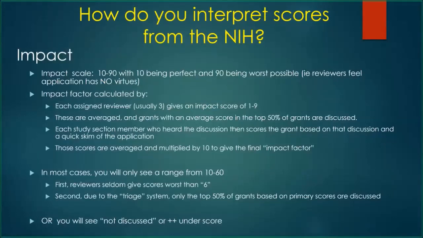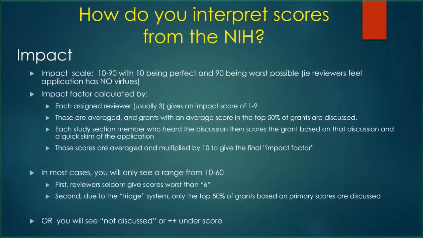Now, when you go to the eRA Commons site and you click on your grant, there's going to be a place where it says, this is the study section, this is when it met, and this is the score.